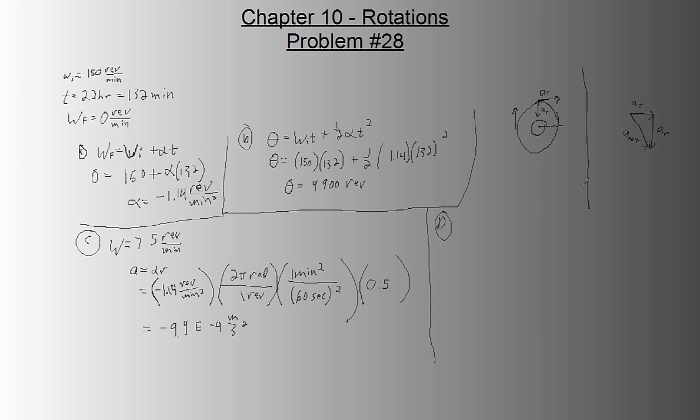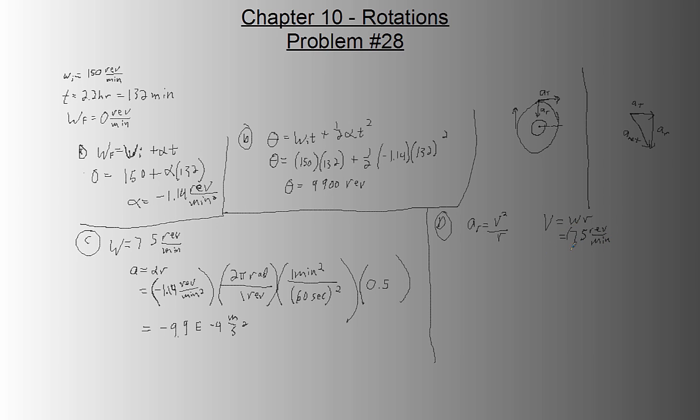To get a radial, we know it's centripetal acceleration. A radial is v squared over r. We need v. So what's v? V, we can use a similar expression that we used here. V is omega r. And omega at this point, this is the point for part C, we're going at 75 revs per minute.